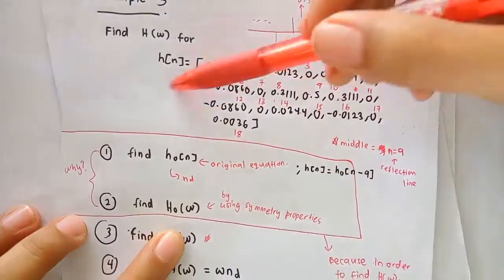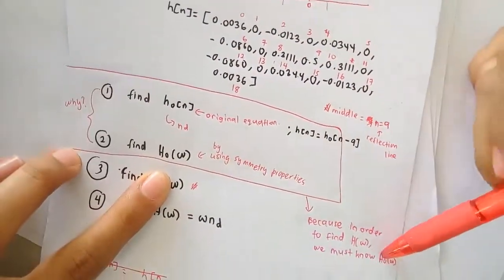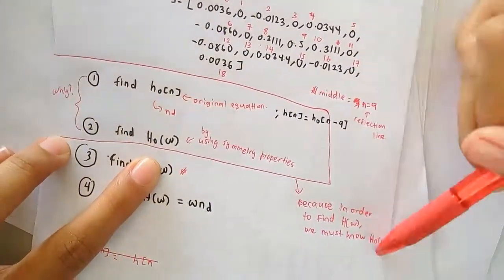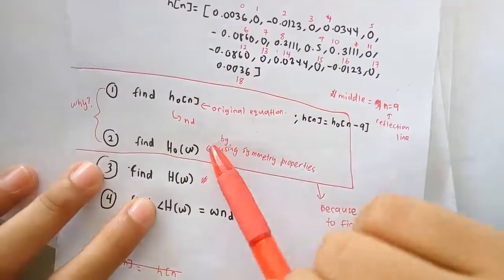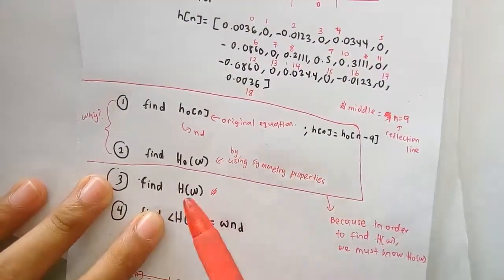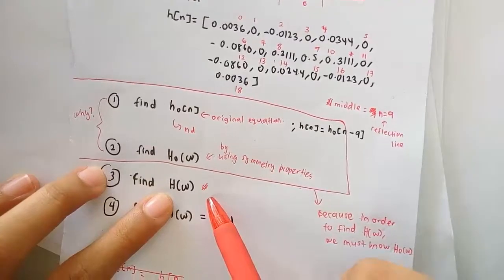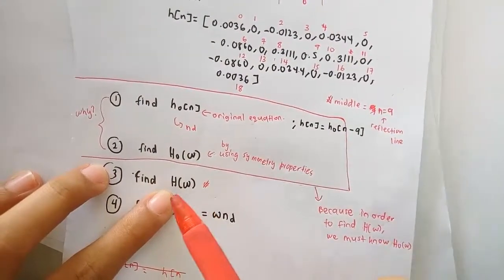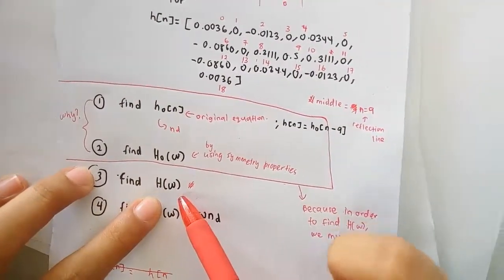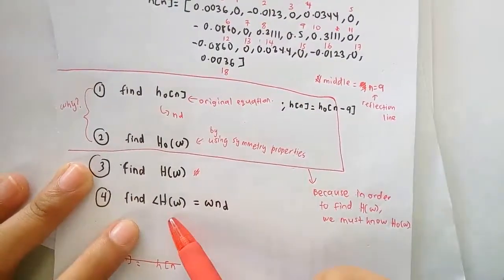Why do we have to find H naught omega? Because in order to find H omega, we must know H naught omega. After that, we can find H omega by using the time shifting property or any other property that fits the equation.